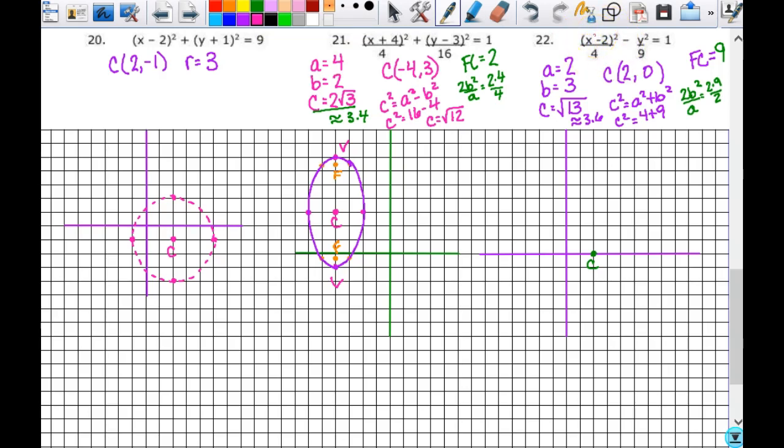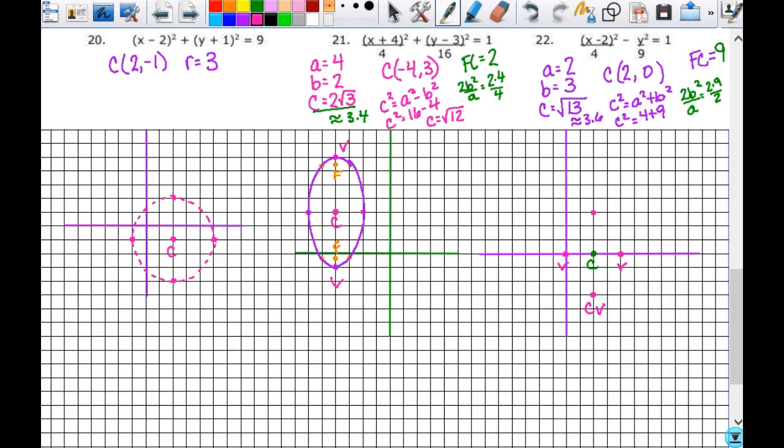It has a horizontal transverse axis, so it's opening left and right. From the center, I go A to the right, 1, 2. That's my vertex. Left, 1, 2. That's another vertex. B, 1, 2, 3, that's a covertex, 1, 2, 3, that's another covertex.